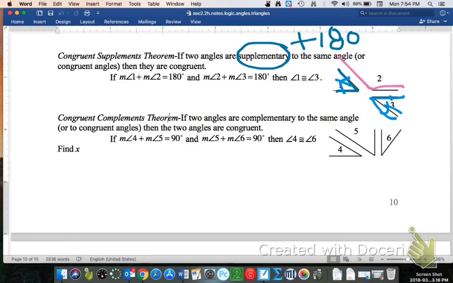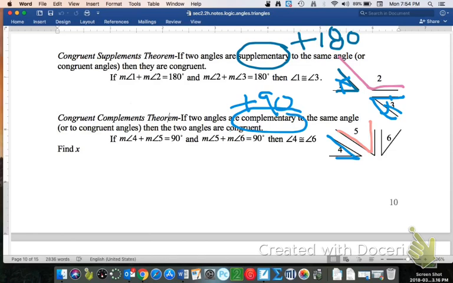Now we have that same kind of idea with complements, but instead of supplementary, it's complementary. Remember that complementary means that it adds to 90 degrees. So again, if we were to squish 4 and 5 together, angle 4 and angle 5 would create a 90 degree or right angle.